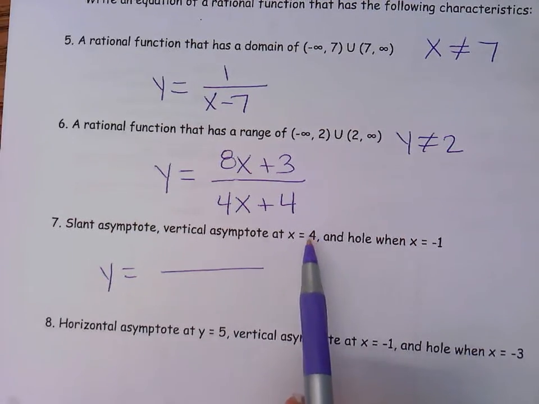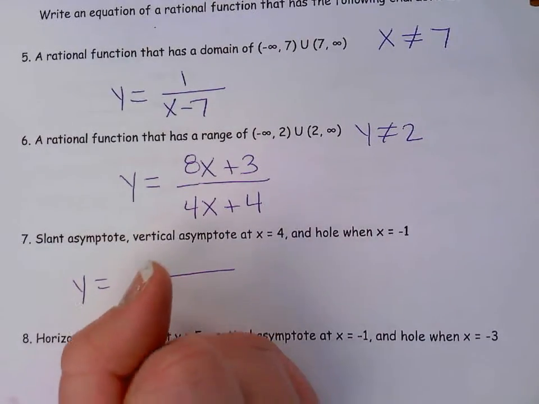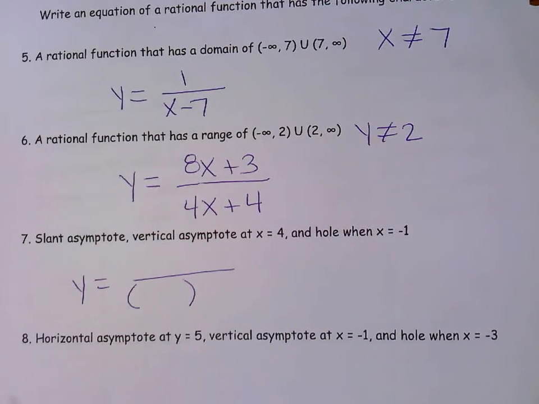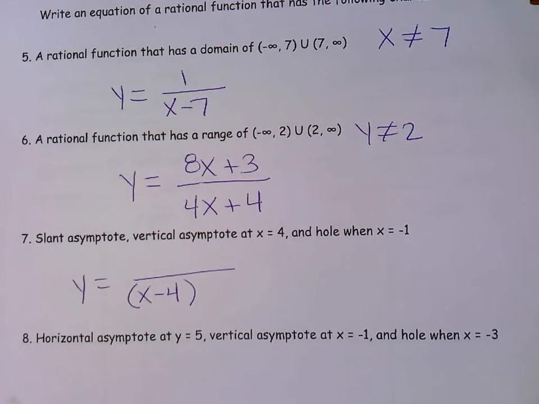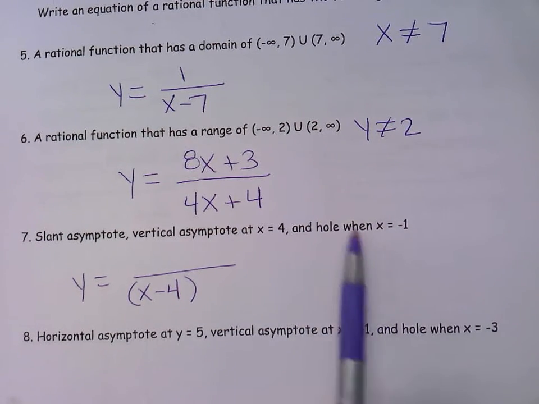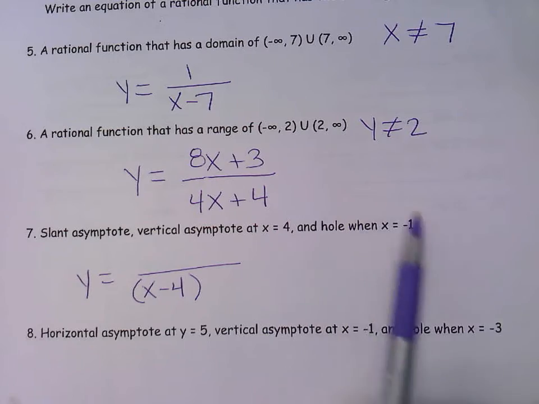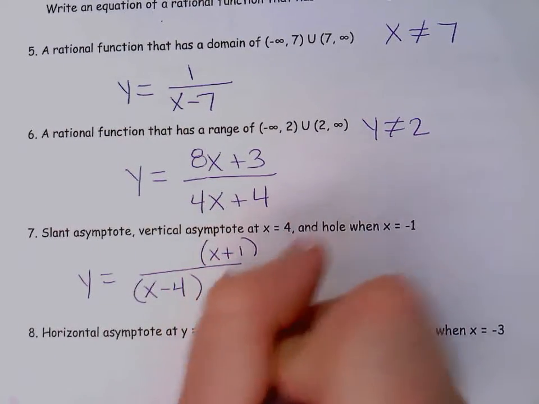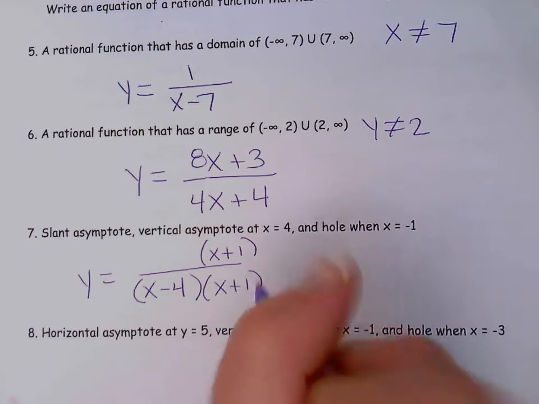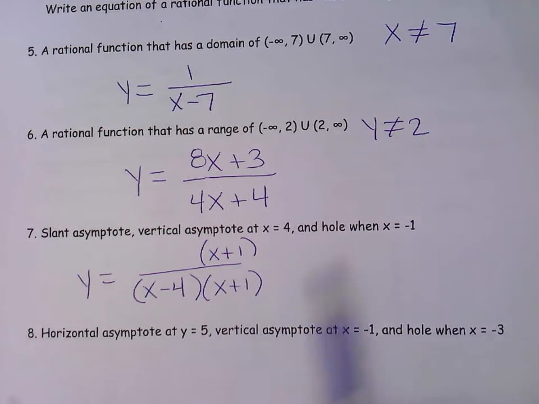So I'm going to put a factor in the denominator of what? X minus 4. Right? That'll have a vertical asymptote at 4 now. So now if there's a hole, I want to be able to cancel these factors out. So I'm going to put a factor of x plus 1 over x plus 1 so that those would cancel and get me a hole at negative 1.